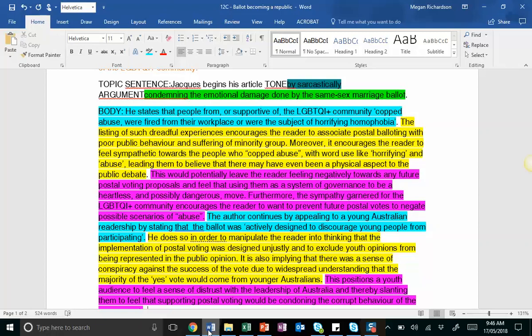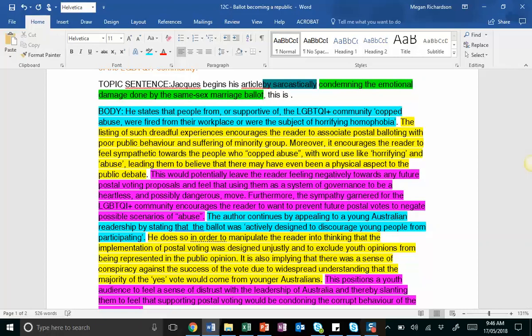He's very genuine. He's formal, genuine, and overwhelmingly positive. So could we work in something like that? We could have Jacques begins his article by sarcastically condemning the emotional damage of the same-sex marriage ballot.